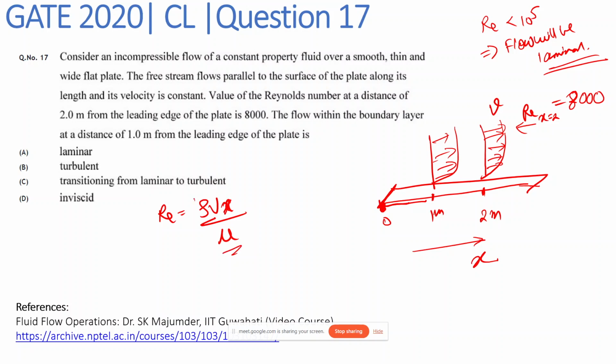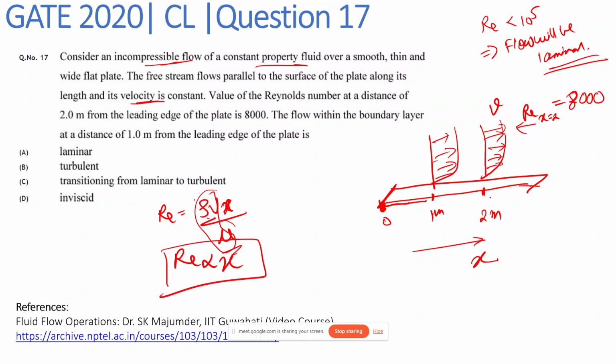Since the flow is incompressible with constant properties, the density and viscosity remain constant, and the velocity is constant. That implies these three terms are constant, and we can say that Reynolds number is proportional to the distance from the leading edge of the plate.